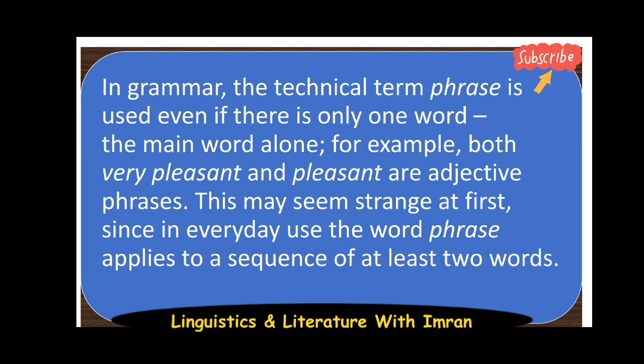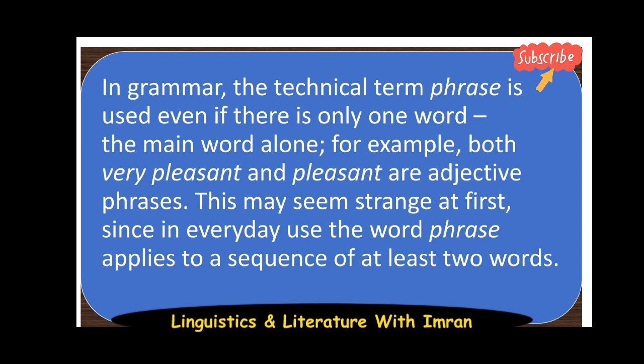You may have learned in school, college or somewhere else that a phrase consists of two or more words. But technically in grammar, even a single word is also called a phrase, right?